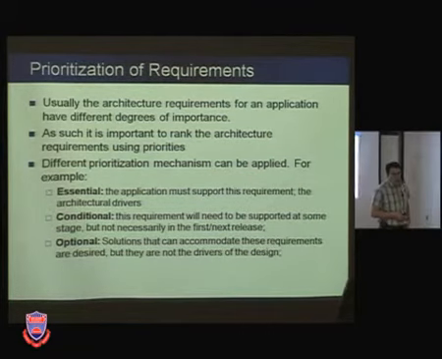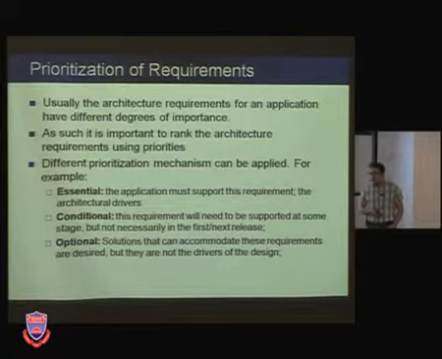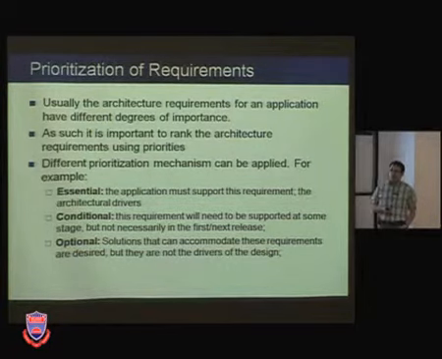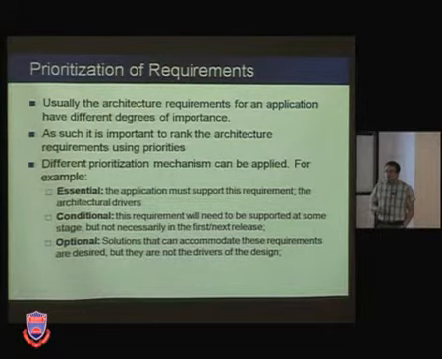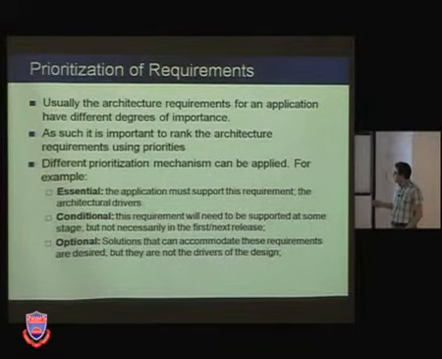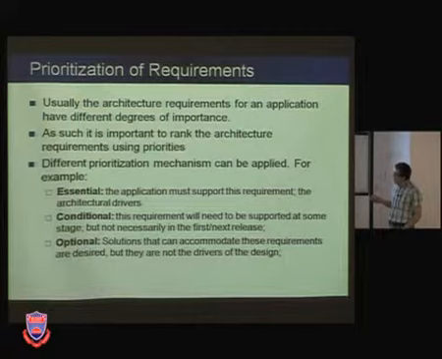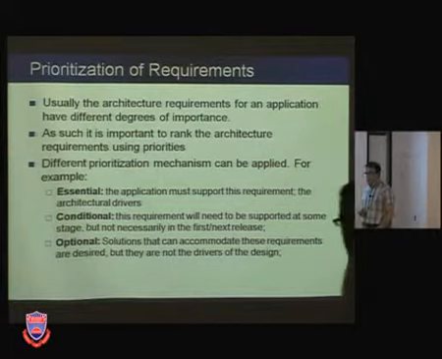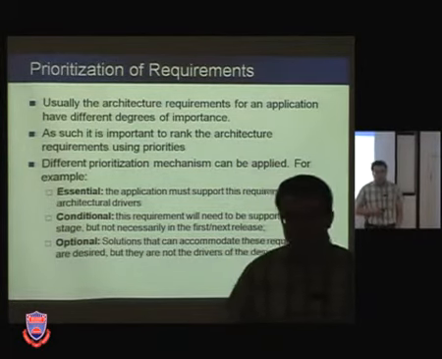Even at the larger abstraction level, a stakeholder can have multiple requirements, and requirements of different stakeholders might conflict with each other. Conflict is the next slide, sorry. As such, it is important to also rank these requirements.